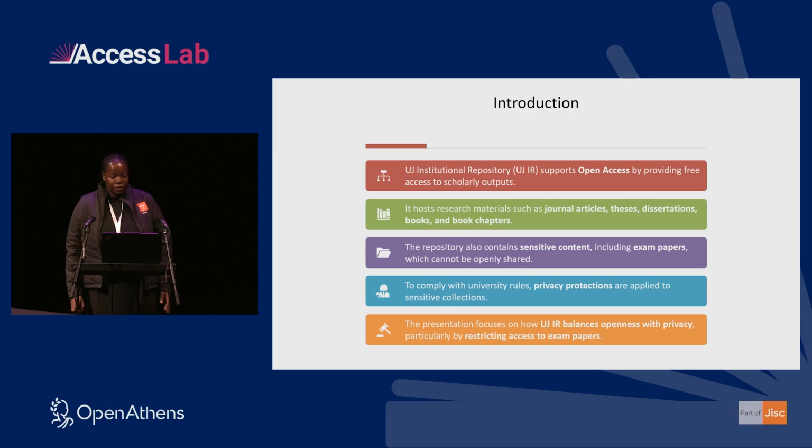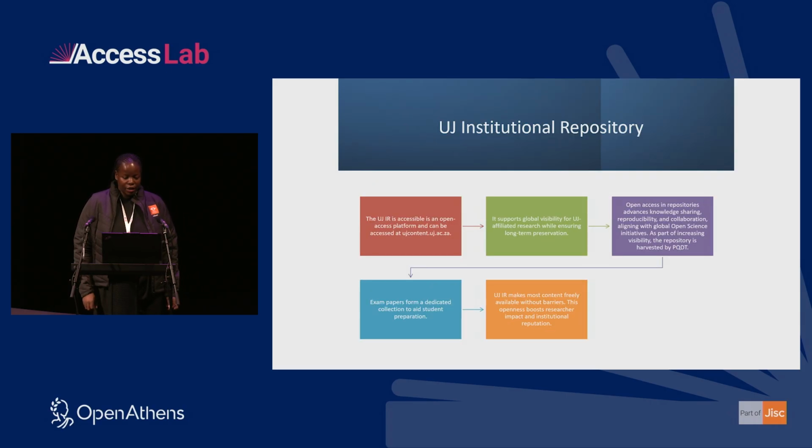To comply with the university rules, privacy protections are applied to this sensitive collection. This presentation will focus on how we balance openness with privacy, particularly with restricting these exam papers that we put on the institutional repository. The institutional repository is accessible on a platform called Explorer, and it's called UJ Content.